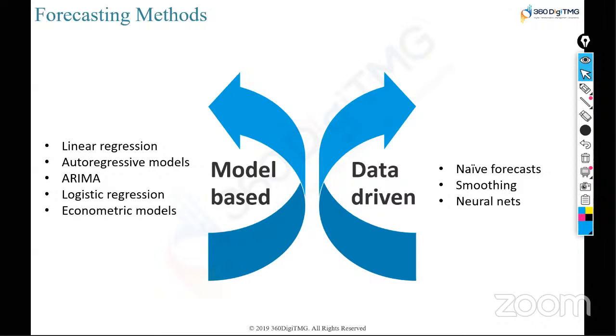There are various things like linear regression, AR model, ARIMA, logistic, econometric. So we'll be looking into a few of the model driven methods, not all. And similarly, we'll be looking into a few of the data driven methods, not all.